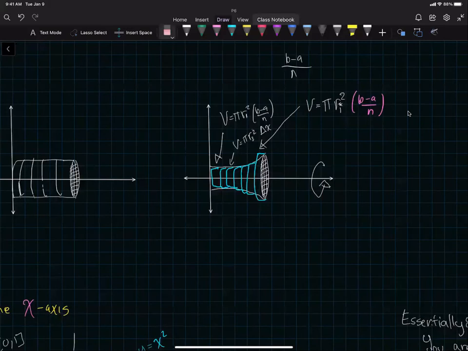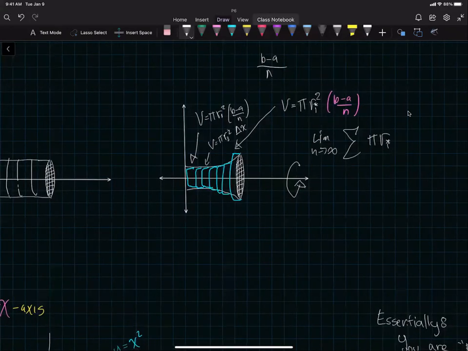Or let me just write it in normal notation. So the limit as N approaches infinity of the Riemann sum, pi r I, depending on the radius of the cylinder that you're working on, squared, so the area, times the change in X, okay? So times the change in X is going to give you basically the volume.